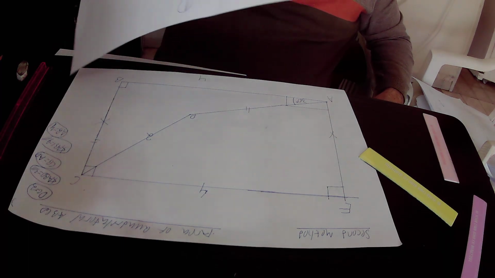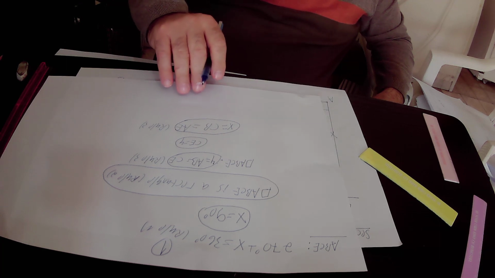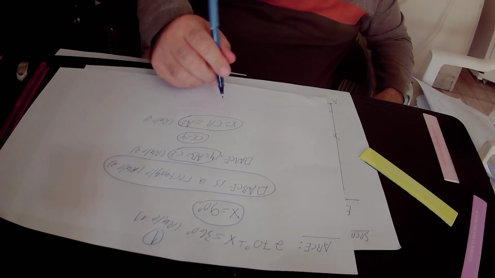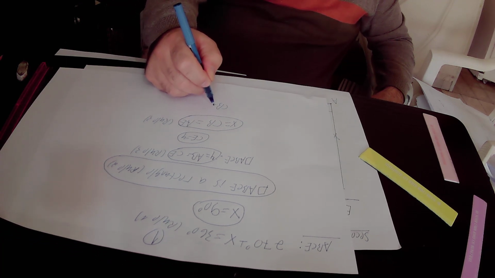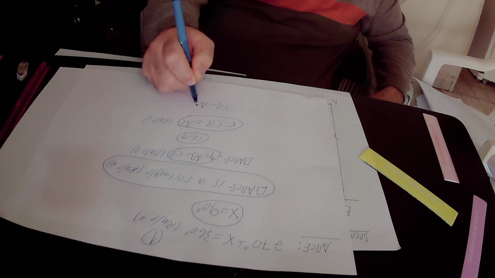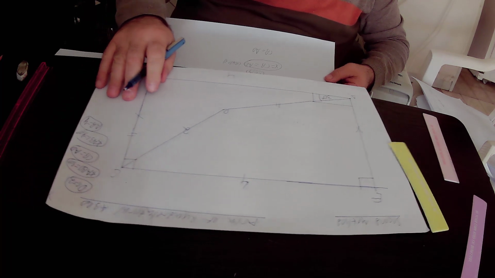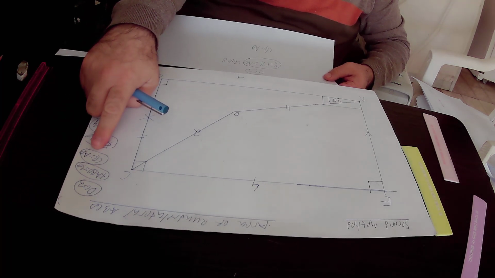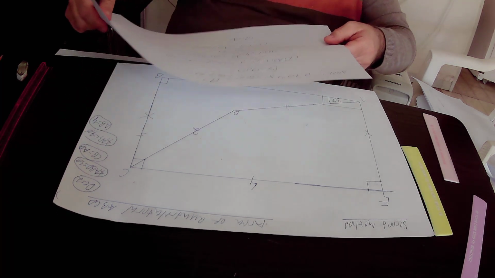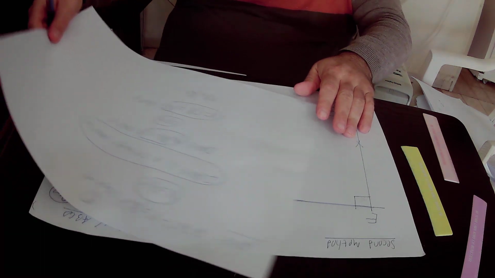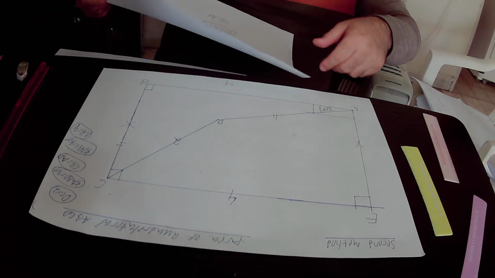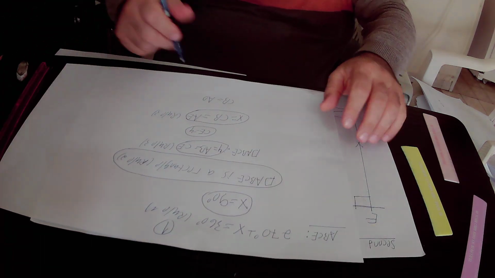But according to what is given in the question, we know that CB equals AD. But CB equals X, according to our definition.